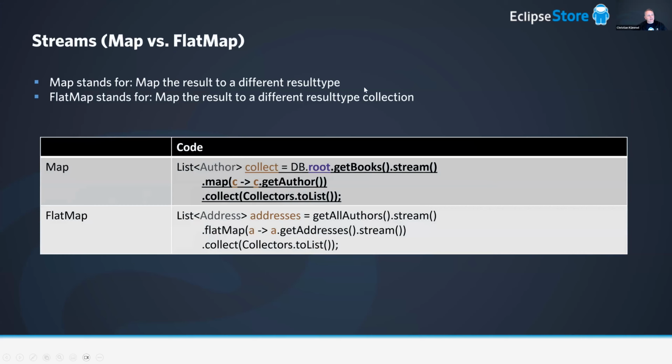The point is, map stands for mapping the result to a different result type. So let's imagine we have a list of users, for example, and I only want to have a list of integer values of the user IDs.